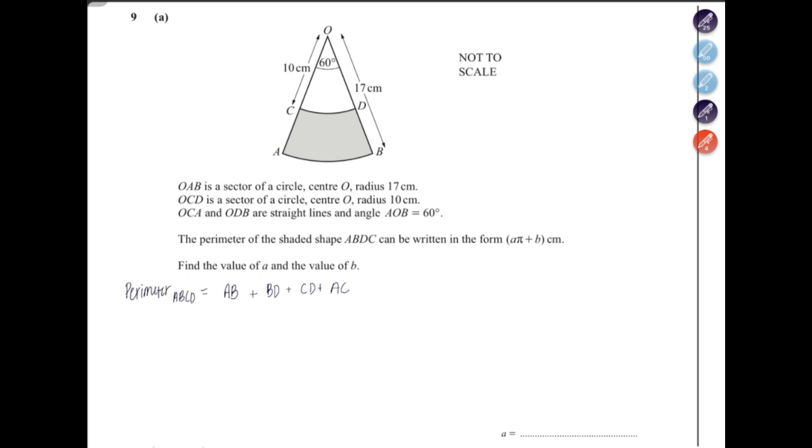Now CA and DB are the same, CA equals DB, which is just 17 minus 10 equals 7 centimeter. So this is 7.